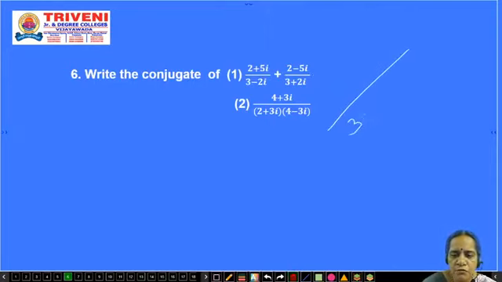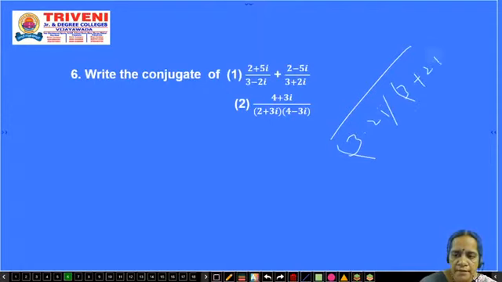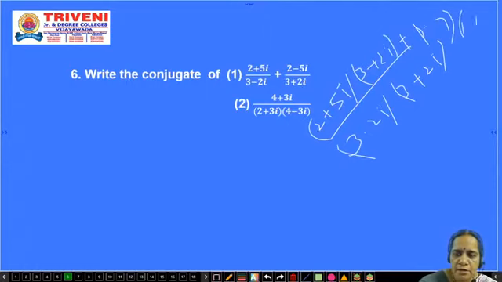3 minus 2i and 3 plus 2i is the LCM, that is 3 minus 2i into 3 plus 2i. Then the numerator is 2 plus 5i into 3 plus 2i plus 2 minus 5i into 3 minus 2i.